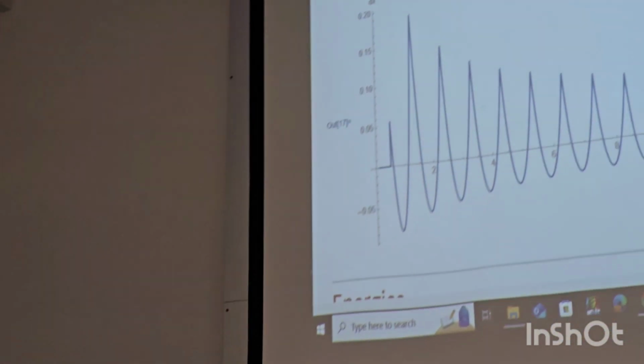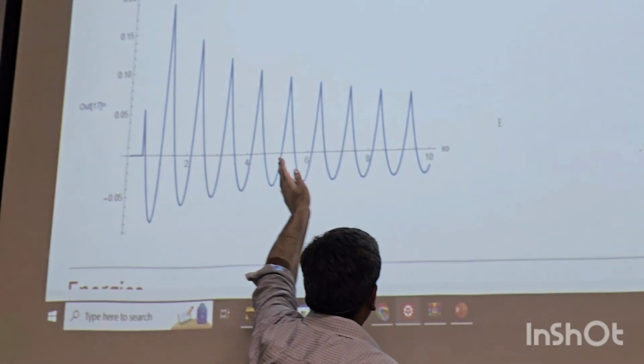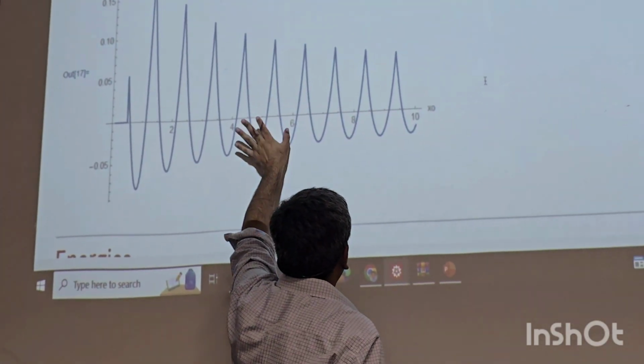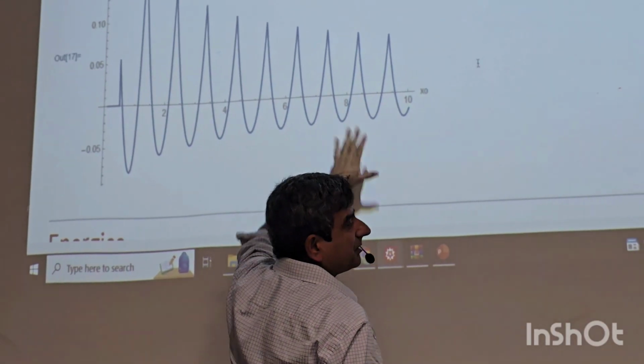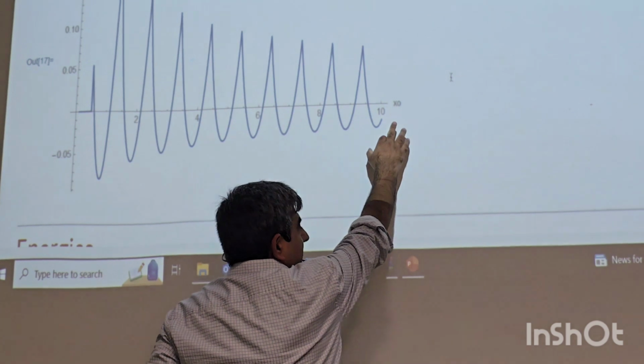For a fixed magnetic field and a fixed Fermi energy, which varies along this axis, this graph is plotted at a fixed magnetic field, but this axis can be proportional to E_F.